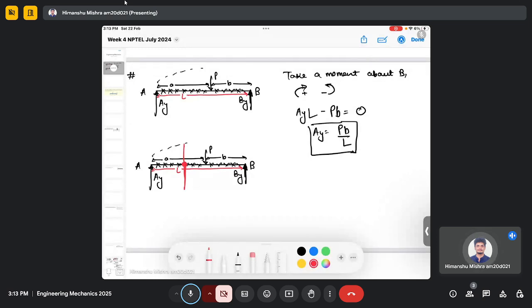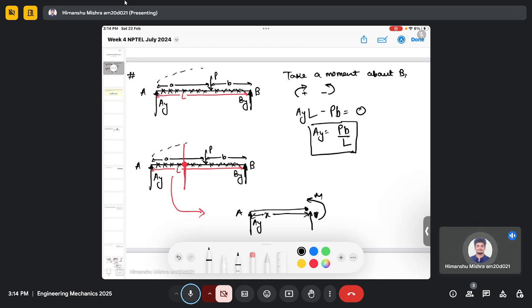So I will zoom it out. So this is AY, this is A, and this is the cut portion, and here I will denote forces and moments. So this is my moment and this is my shear force which is acting on this arbitrary point which I am interested in, and this is at distance x.